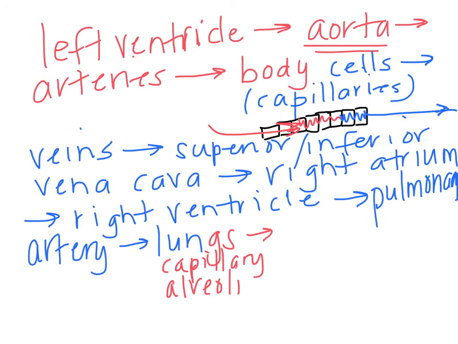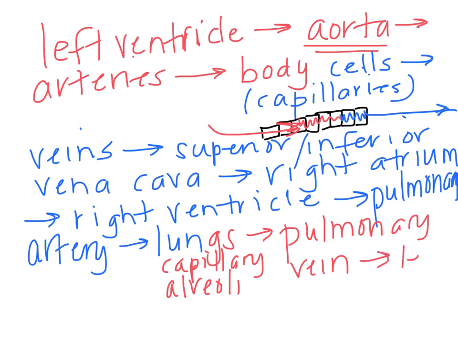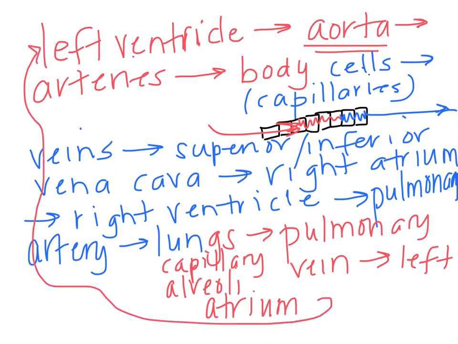So the lungs pick up the oxygen and send it back to the heart in the blood through the pulmonary vein. And then the left atrium. And then we're back where we started with the left ventricle.